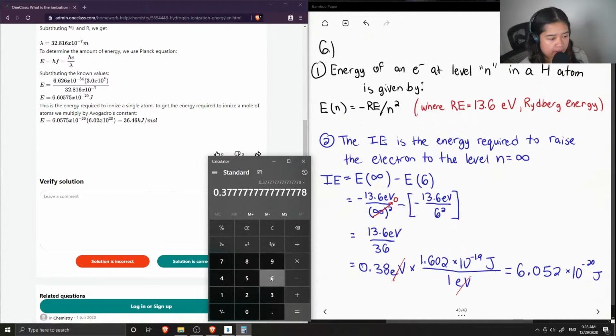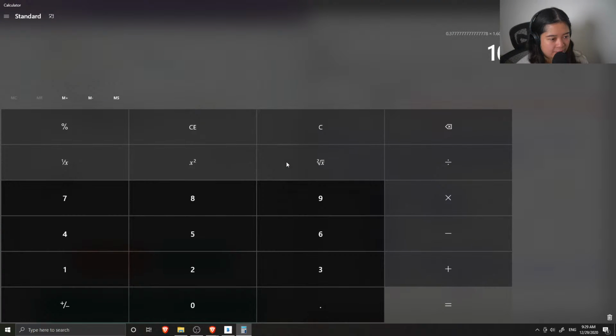Multiply mine by... where's the power of on this thing?